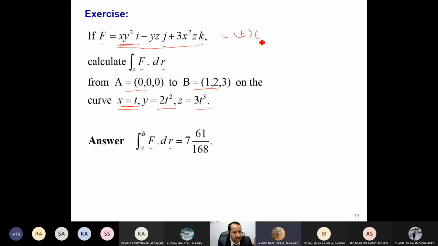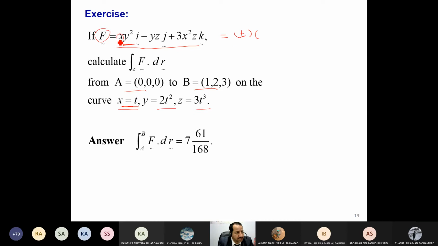Doctor, please, your mic is mute. Sorry. Okay, I will convert the vector f from function of x, y, z into function of t using the curve points. Have a look.